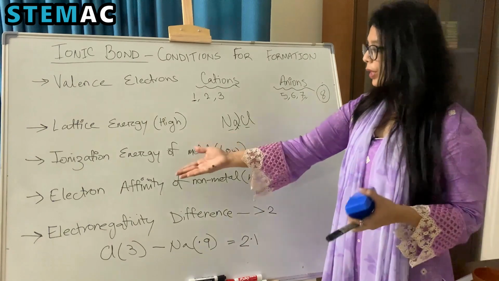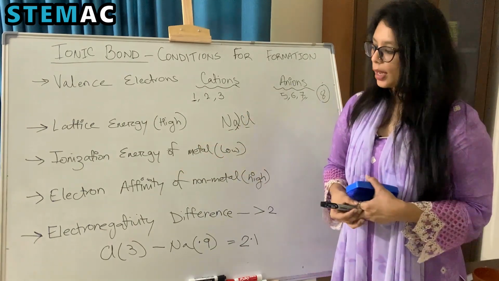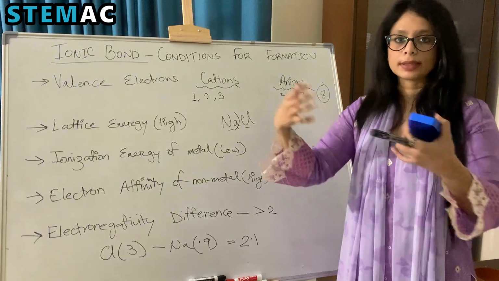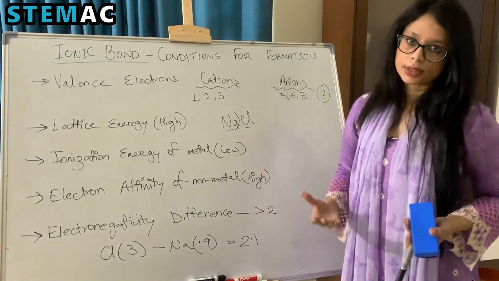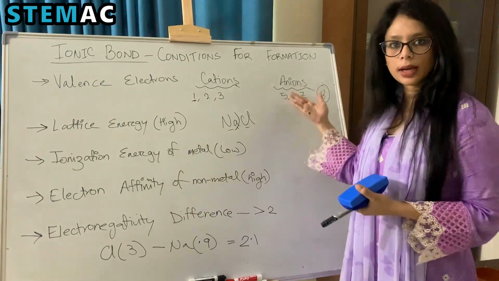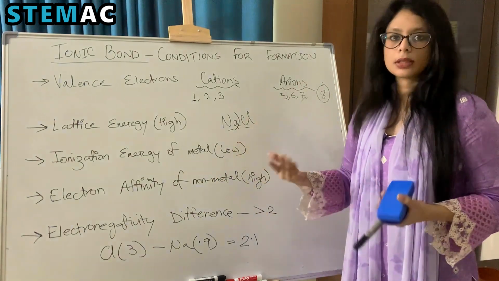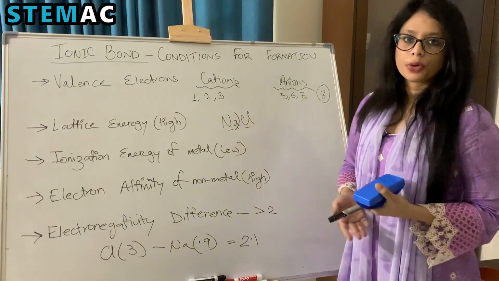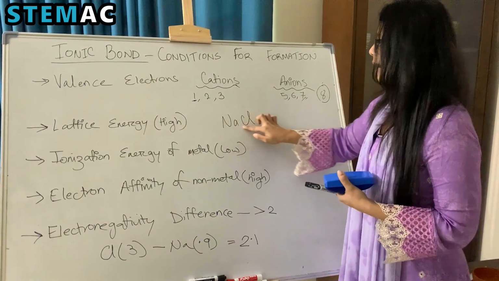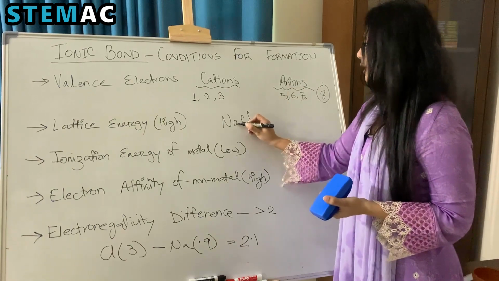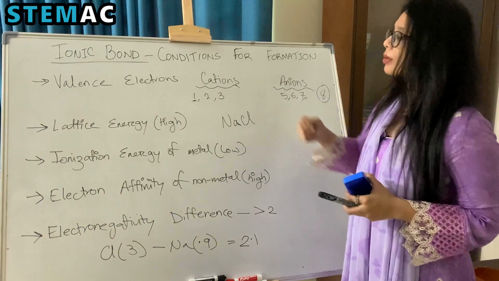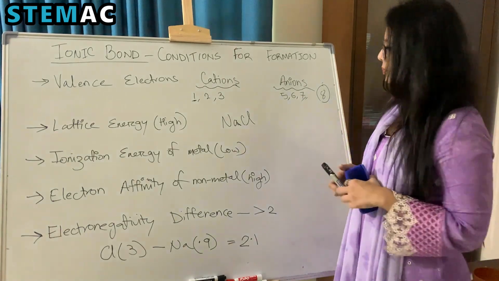From the word itself, it's evident that it is how much affinity the nonmetal has towards accepting electrons. So the higher the electron affinity of chlorine, or let's say the anions in the ionic compounds, the better it is for forming ionic compounds. So chlorine should have a high electron affinity to accept this electron from the sodium metal.